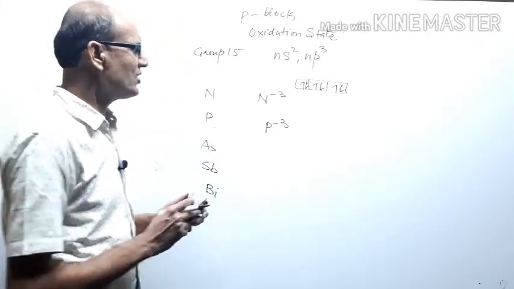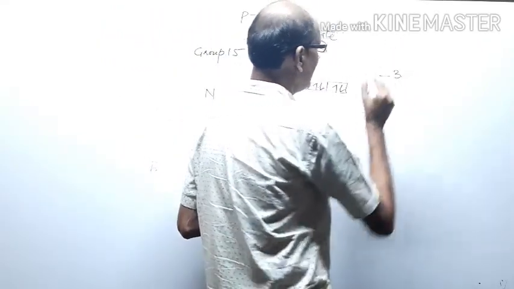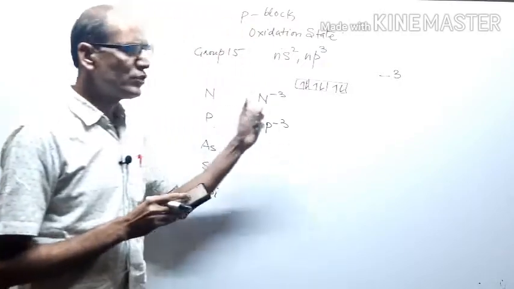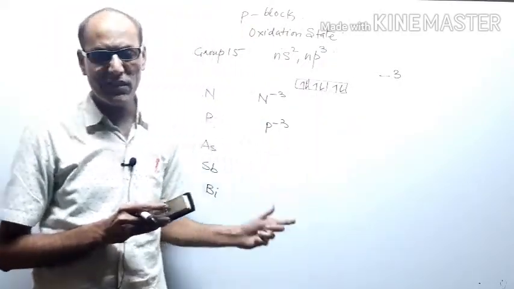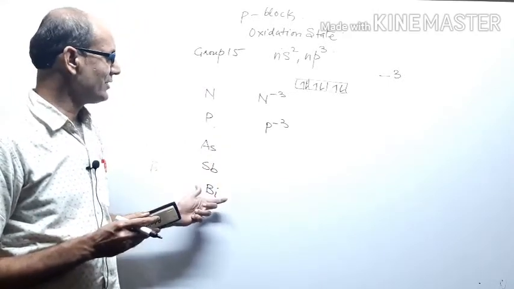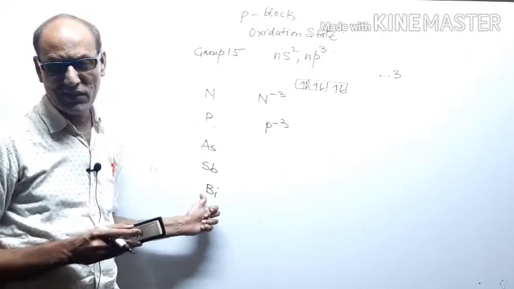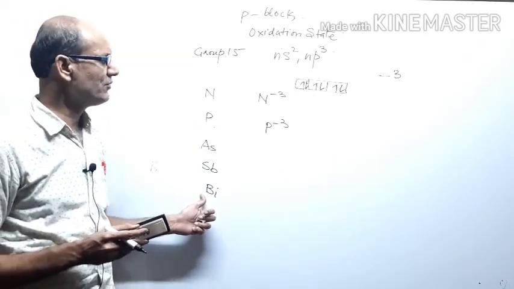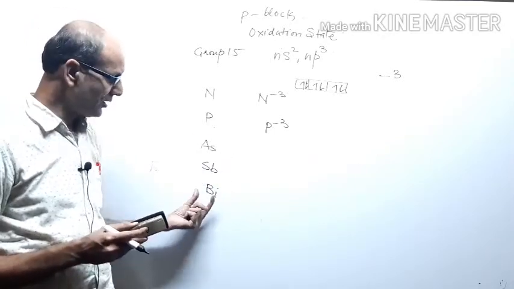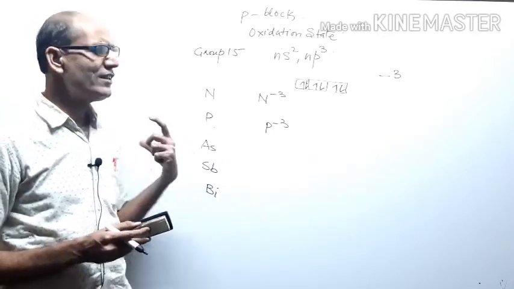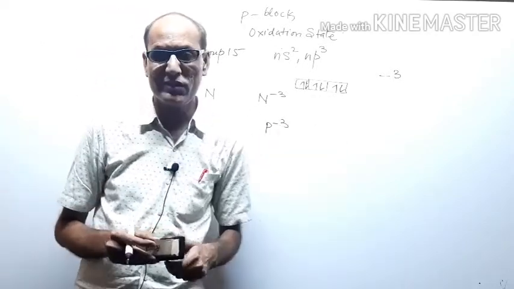The common oxidation state of group 15 is -3, but this tendency to show the -3 oxidation state decreases on moving from top to bottom. Why does it decrease? Because from nitrogen to bismuth, size increases and electronegativity decreases. Due to very low electronegativity, bismuth, antimony and arsenic are unable to show the -3 oxidation state.